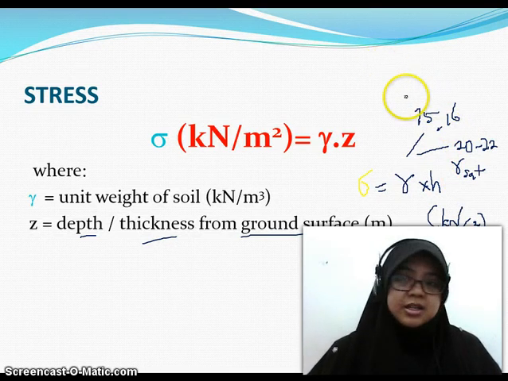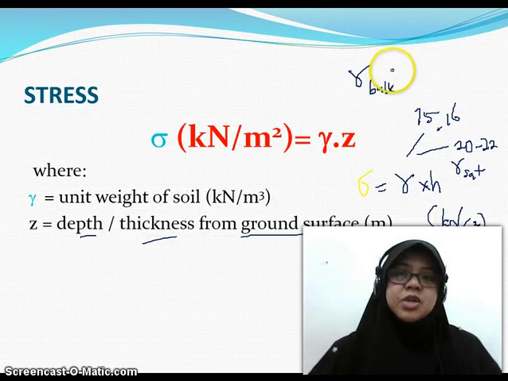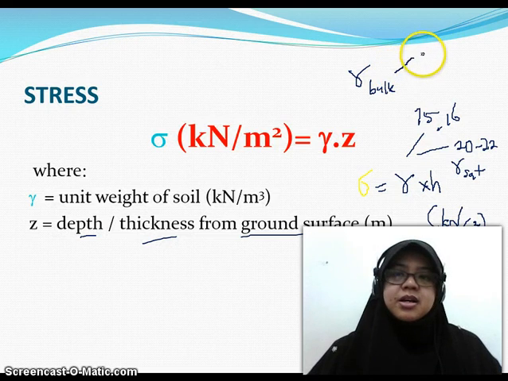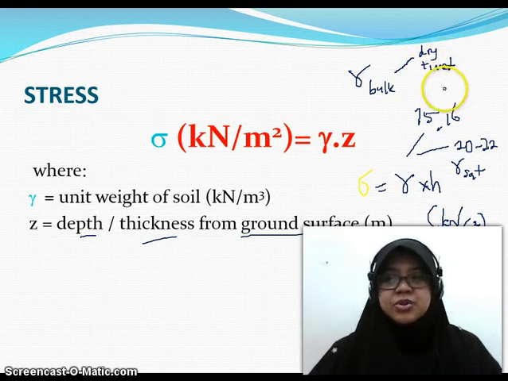It can be gamma bulk. Gamma bulk is the soil condition that combines dry and wet soil, slightly wet, not too wet.